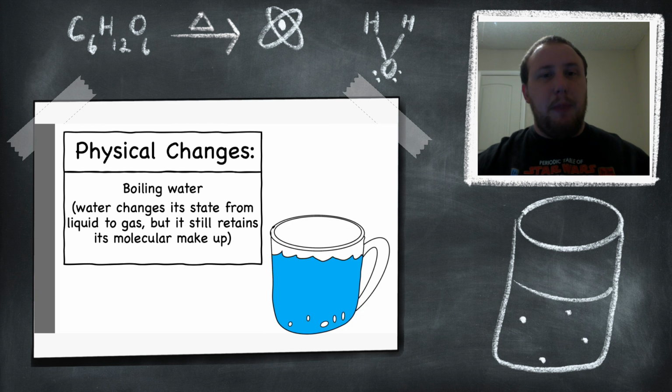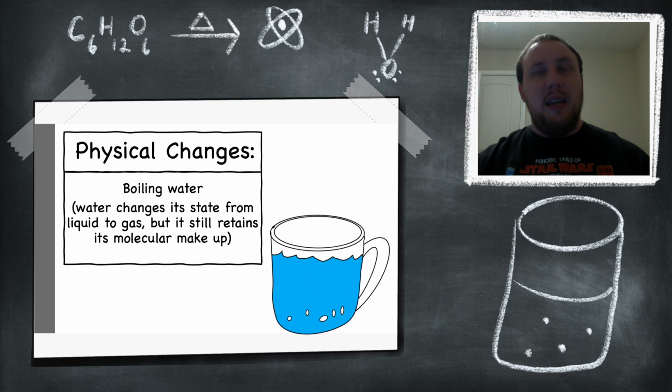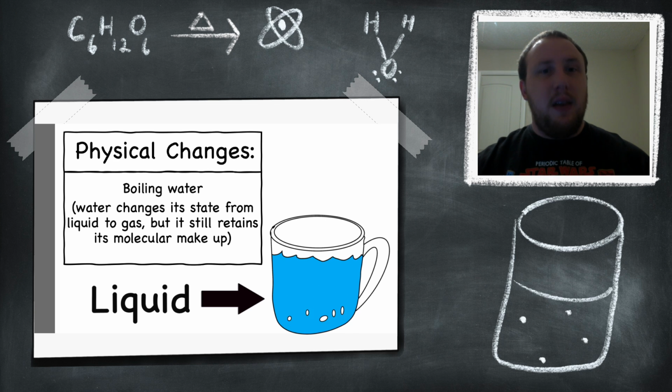So for instance, let's think about this. If I have a pot of water, I put that on the stove and I'm boiling water. As it heats up, first this water is in liquid form. So we have liquid water in my little pot or my glass. As it starts to heat up, that liquid water starts to bubble. Well, what are those bubbles?